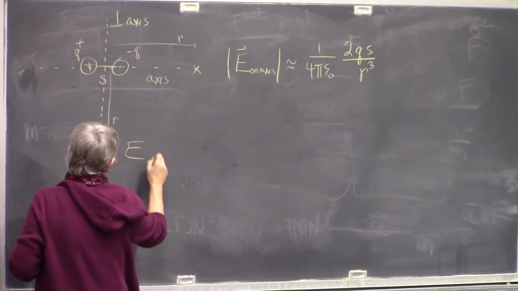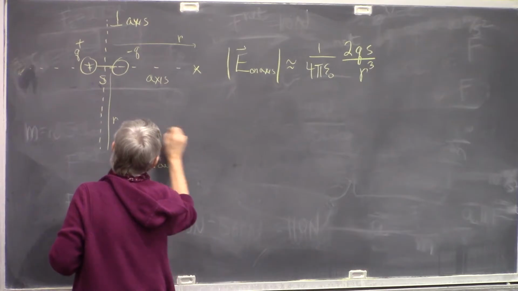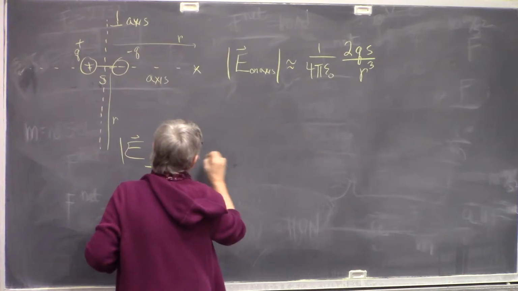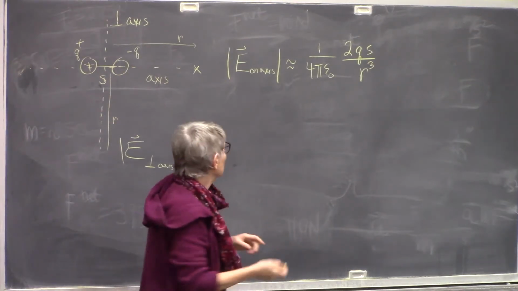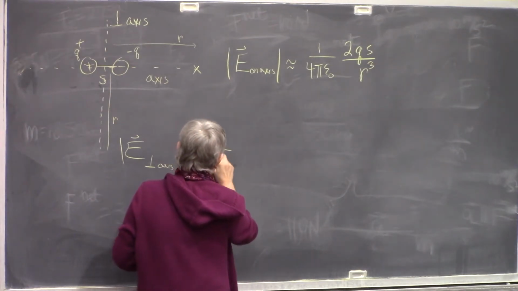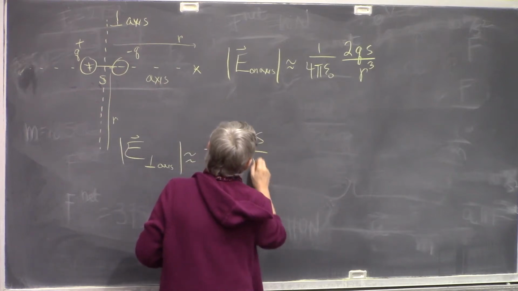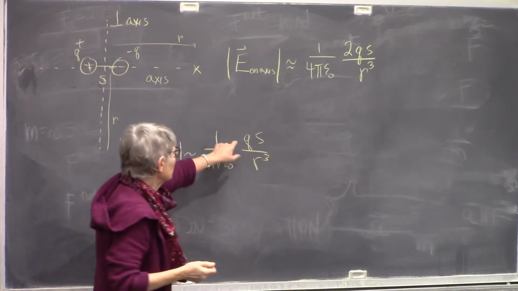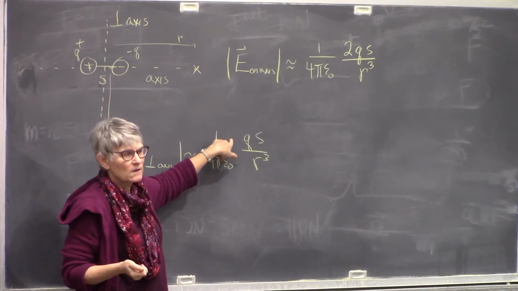And we found that E on the perpendicular axis also went like 1 over r cubed, but it was actually a factor of 2 smaller in magnitude.